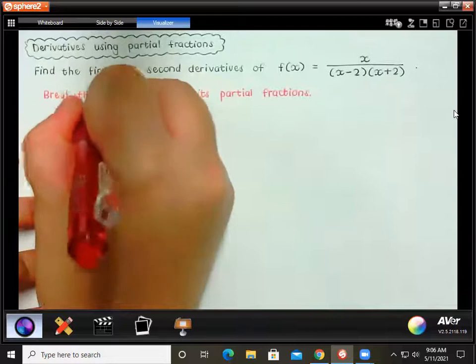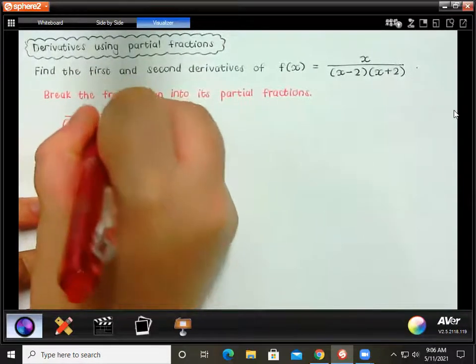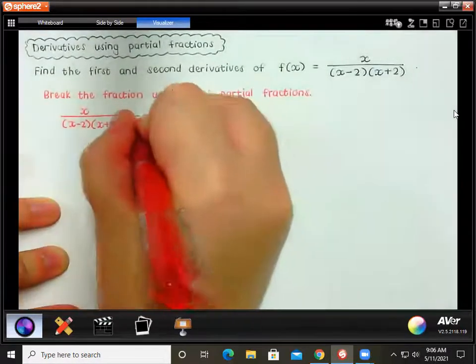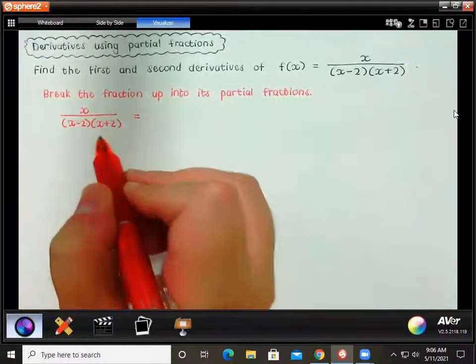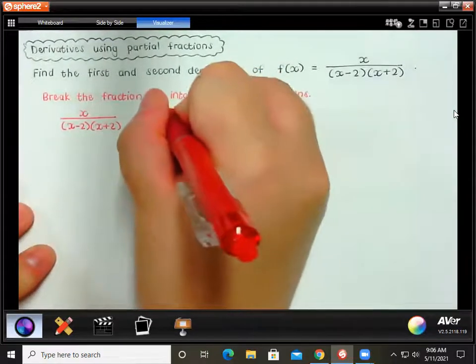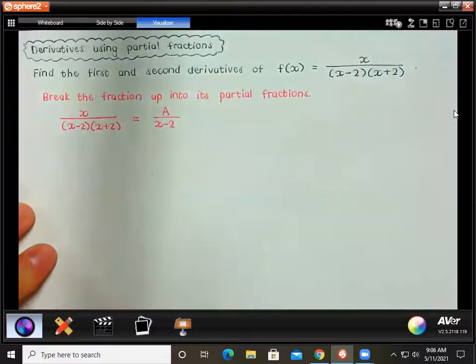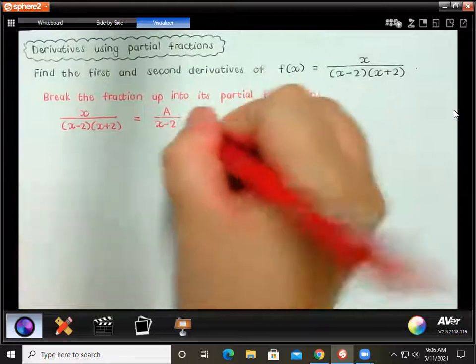So you would say x over x minus 2 times x plus 2. And then you're going to split it up into, because we have two factors here. If you had 3 brackets, you would do three separate ones. We're going to split it up into A over the first factor, which is x minus 2, so the first bracket, plus, and that might turn into a negative.